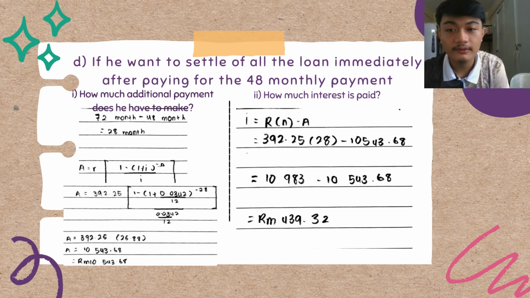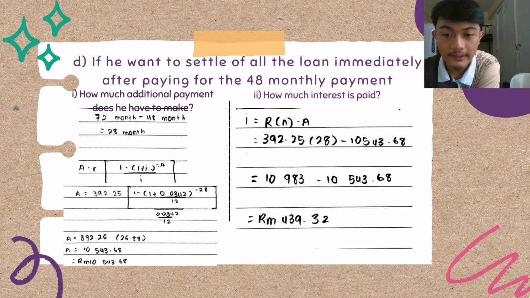D. If he wants to settle off all the loan immediately after paying the 48th monthly payment. I. How much additional payment does he have to make? 72 months minus 48 months equal to 24 months. So A equal R bracket 1 minus open bracket 1 plus I close bracket power negative n over I close bracket.